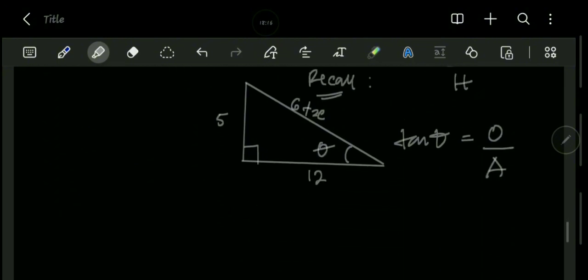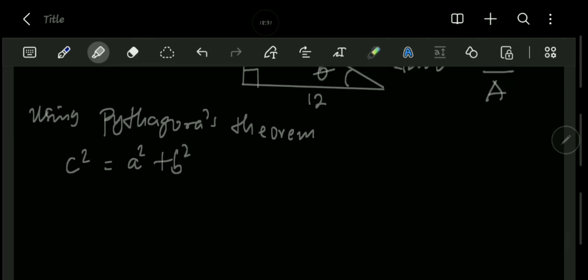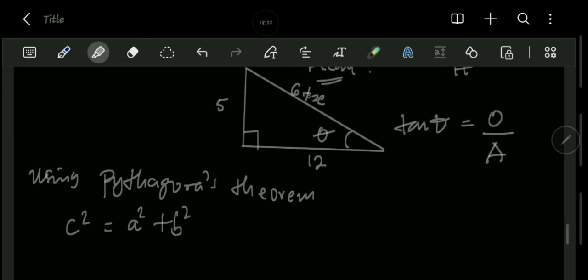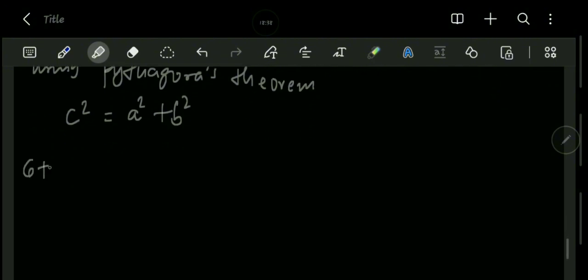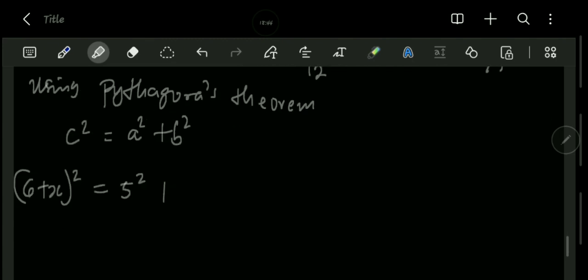So to find the value of x, I will recall that using Pythagoras theorem, it says that c squared is equal to a squared plus b squared, and in this case my c is the hypotenuse, which is 6 plus x. So I'm having 6 plus x raised to the power 2 is equal to 5 squared plus 12 squared.